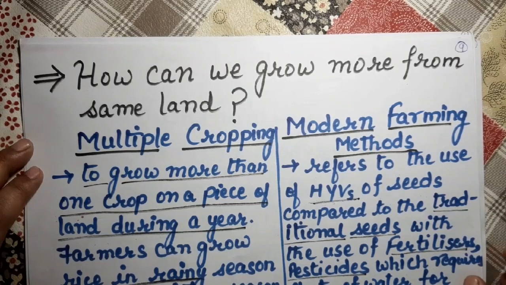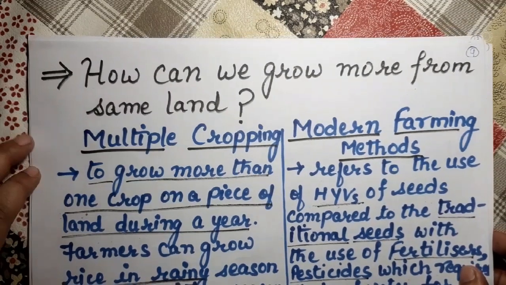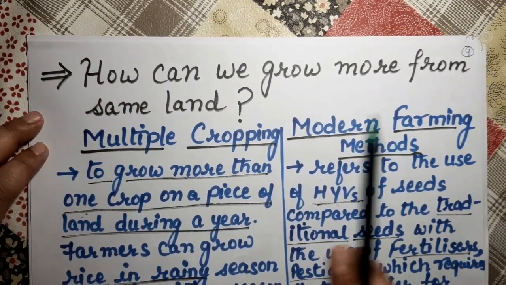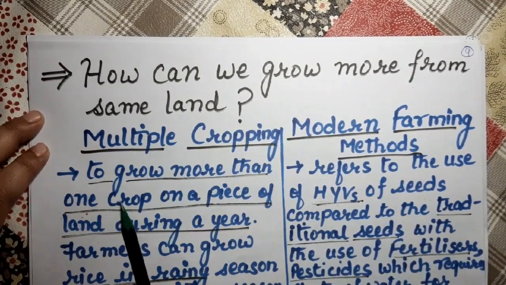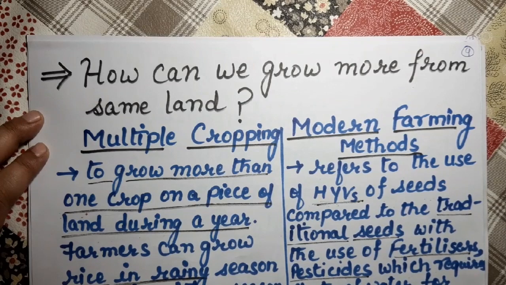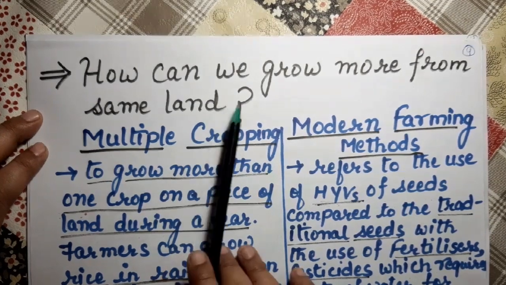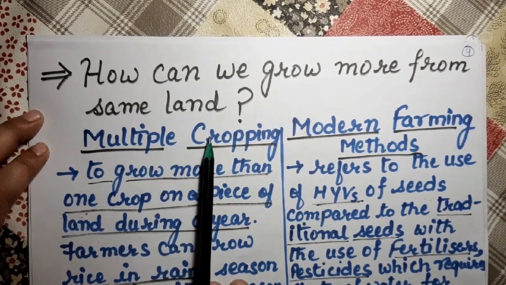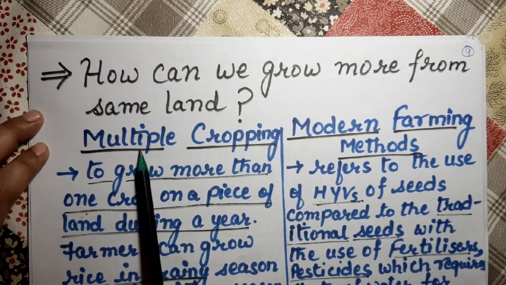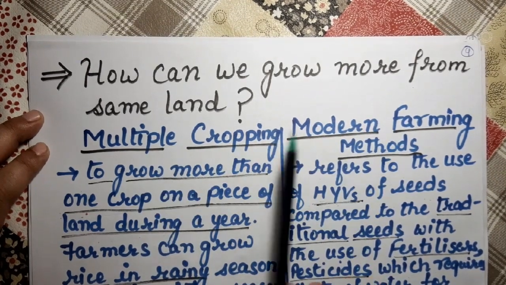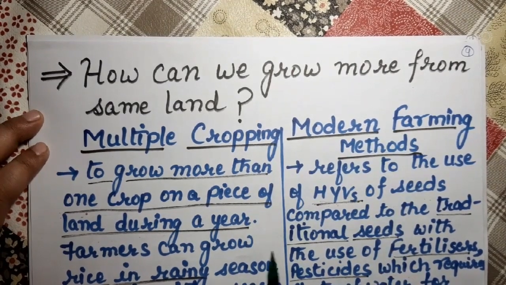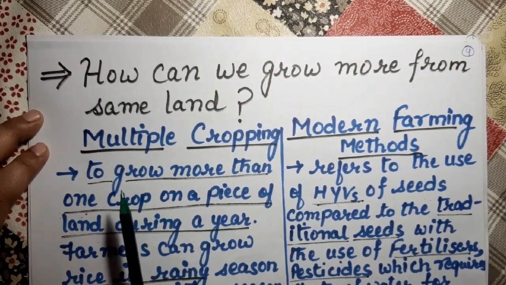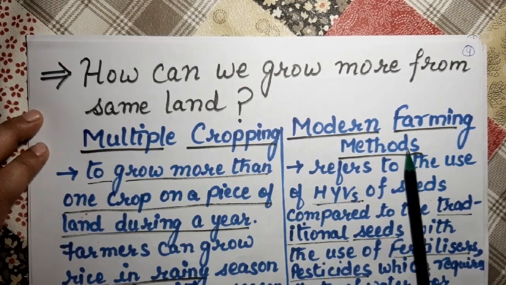Okay, now let's move to the next topic. Your next topic is how can we grow more from the same land? We can grow more from the same land by these two factors: multiple cropping and modern farming methods. Firstly, we will study multiple cropping.